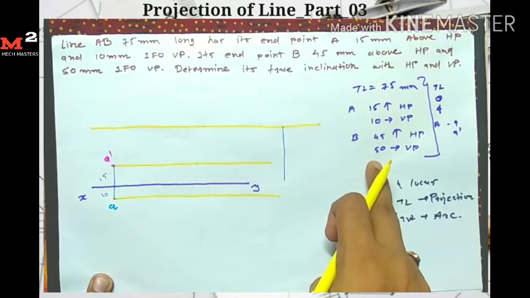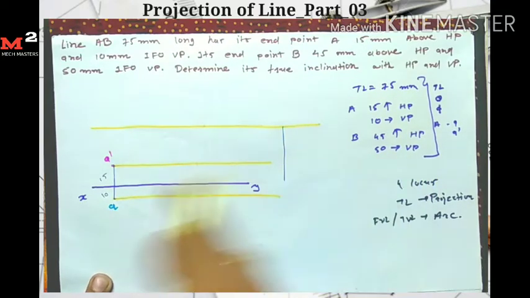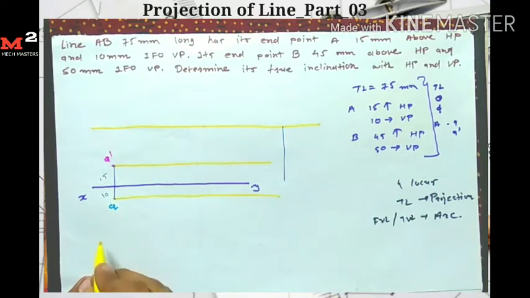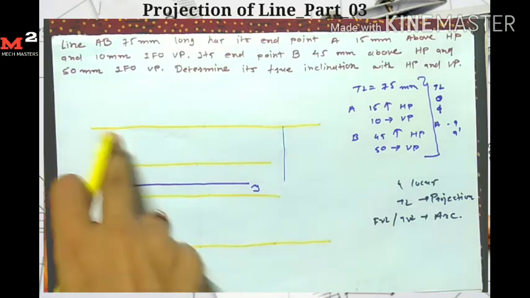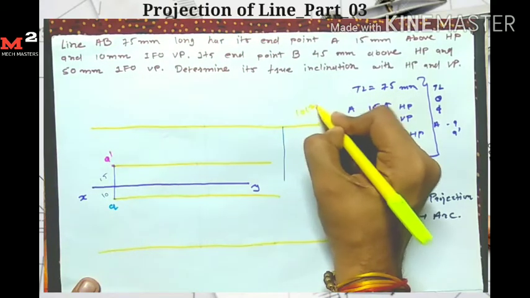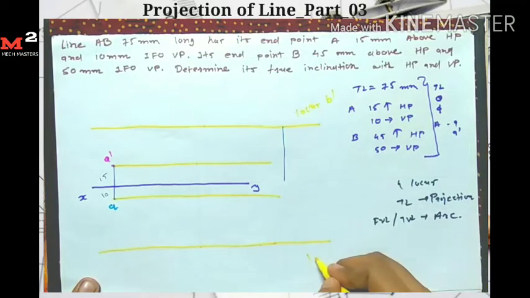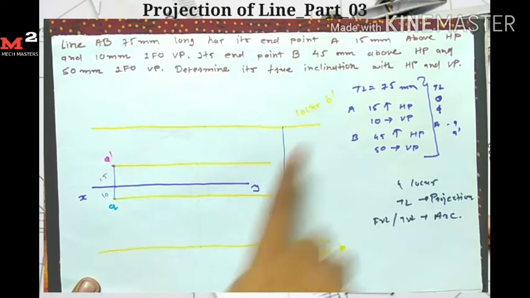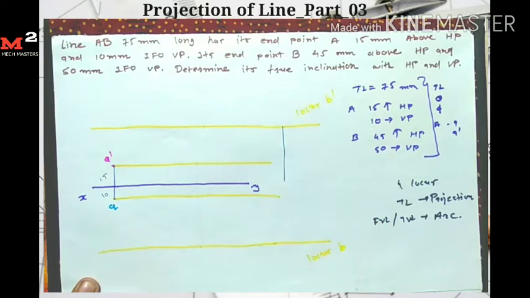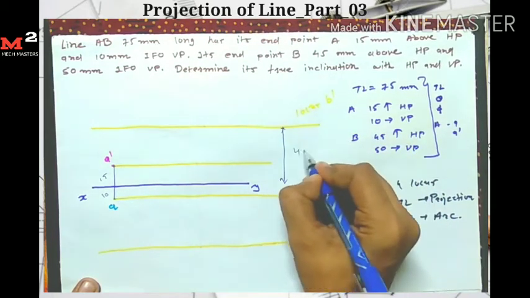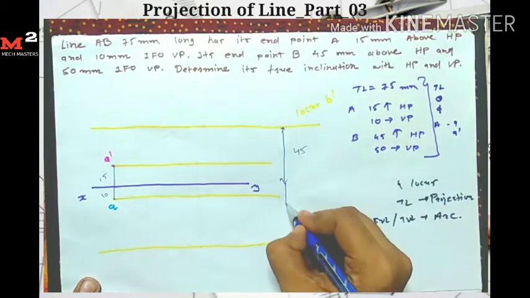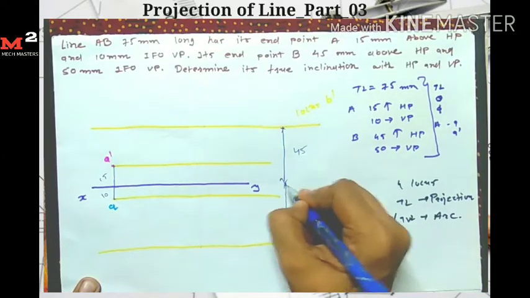Similarly, it is 50 mm in front of VP, so from the reference line I measure a 50 mm distance and draw a horizontal line here. This is my locus for B dash, and this line is my locus for point B. So I get my B dash point on this line and B point on this line. This distance is 45 mm and this distance is 50 mm.